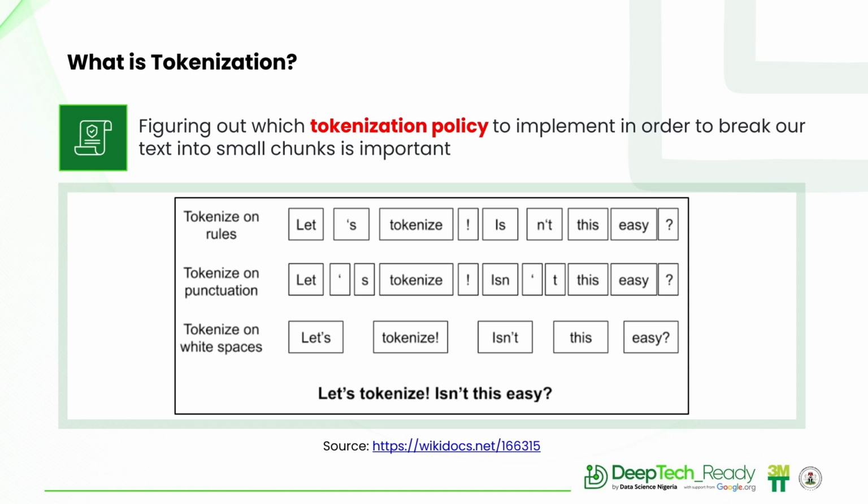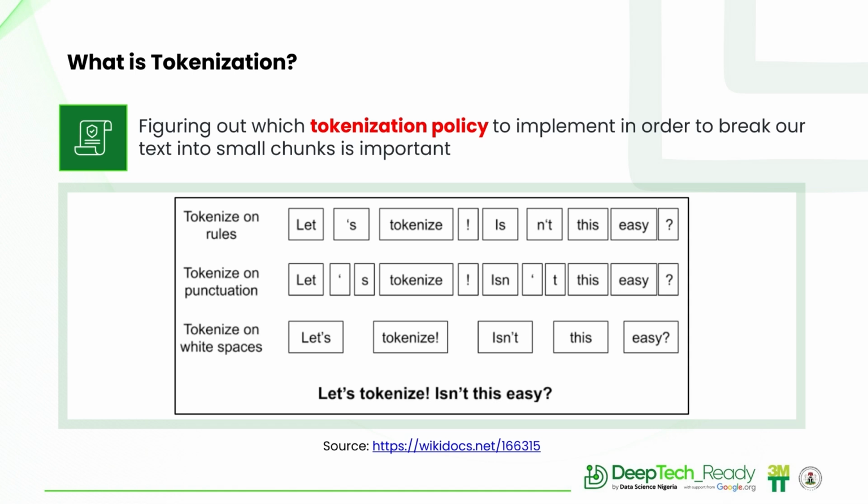And here we are recognizing both the components as being meaningful. And then you can have others, for example, tokenizing on punctuation, where punctuation marks like exclamation mark, question mark, etc., serve as delimiters. You can also have tokenization on white spaces.